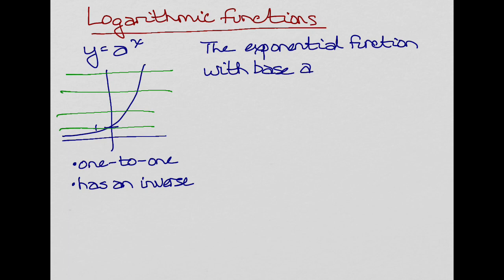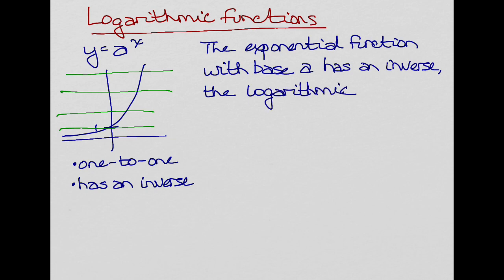The exponential function with base A has an inverse, since it's one-to-one. And we're going to define that inverse of the exponential function with base A as the logarithmic function with base A.